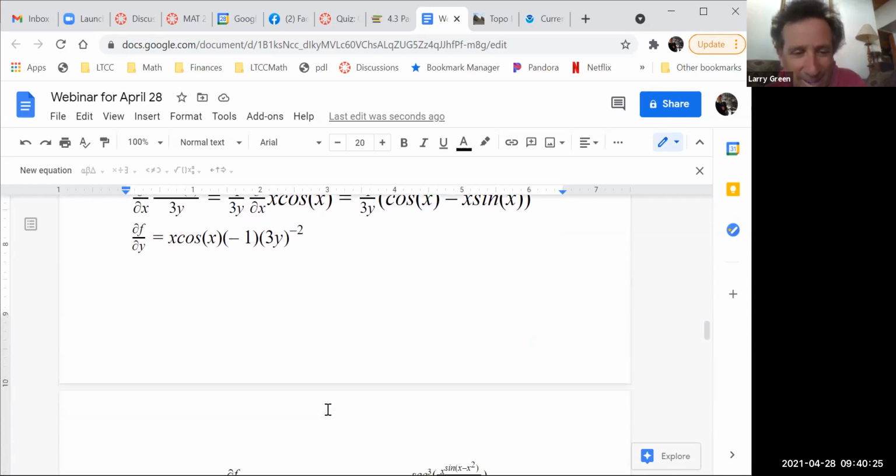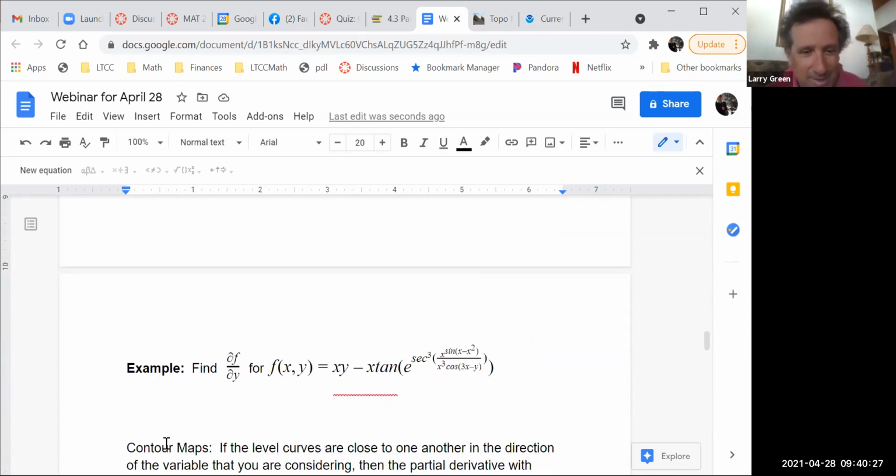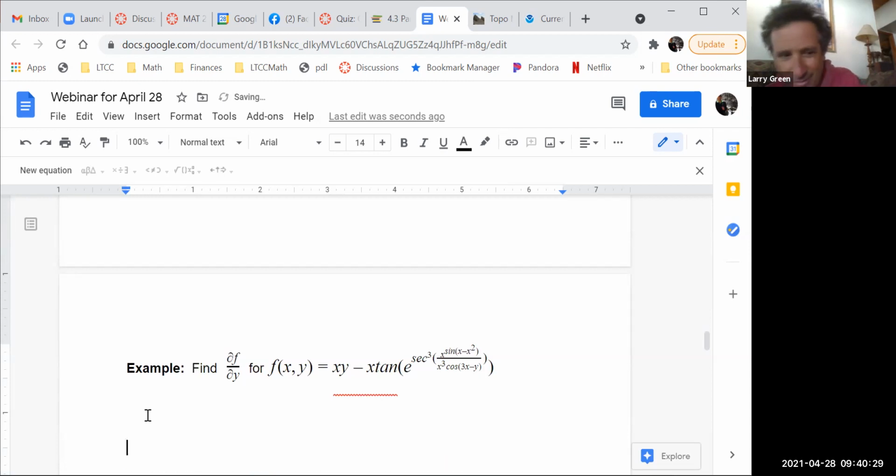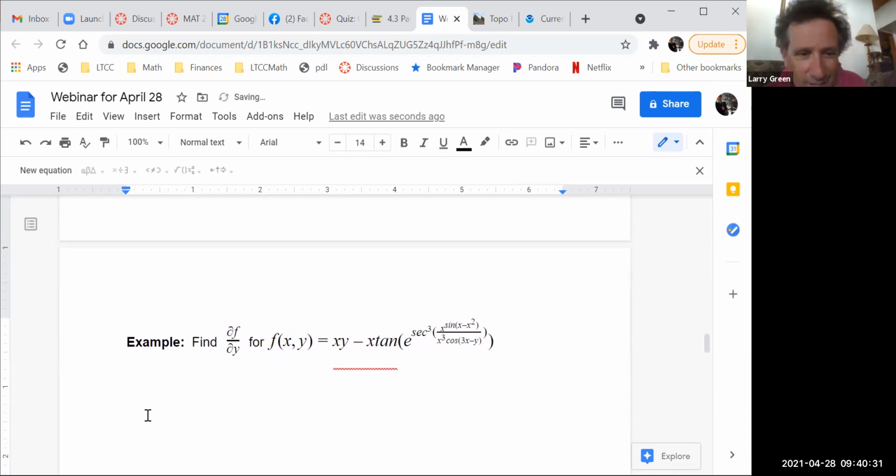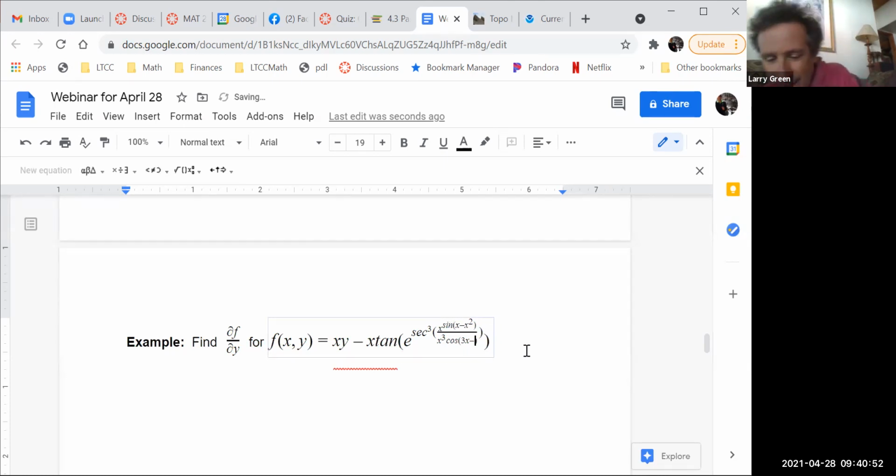All right, so now I have a problem that looks really evil, but is it? Okay, so find del f del y for f of x y equals xy minus x times a tangent of e to the secant cubed of x to the sine of x minus x squared over x cubed cosine of 3x minus 5.